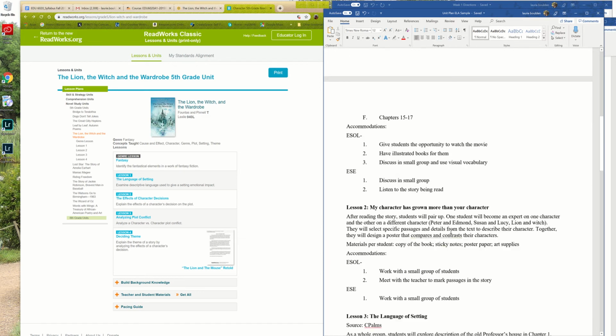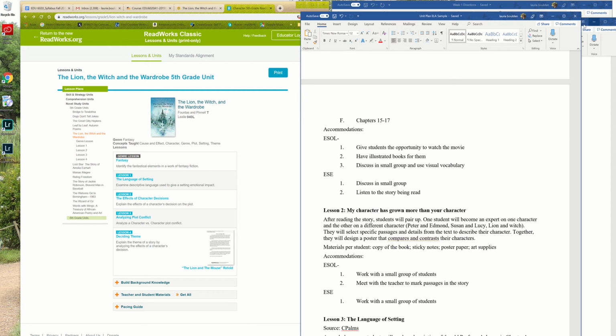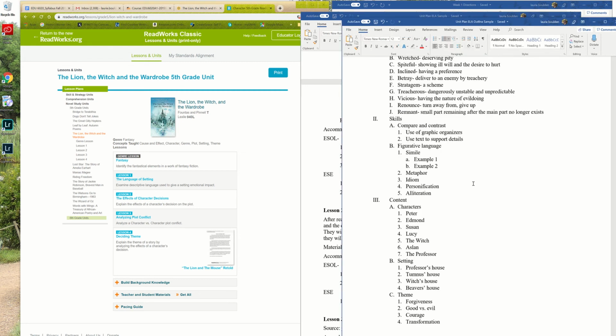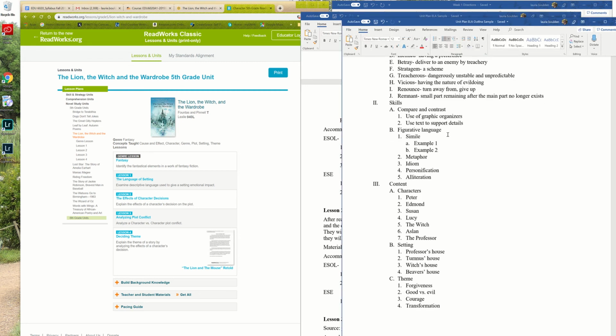So part of this lesson is going to be about how do you compare and contrast. So I'm going to want to make sure that I do that. If it's not being taught in the lesson, you don't have to include it. If you don't have any skills, then you would just have skills and then move straight on to content.